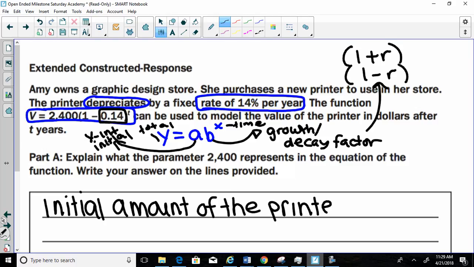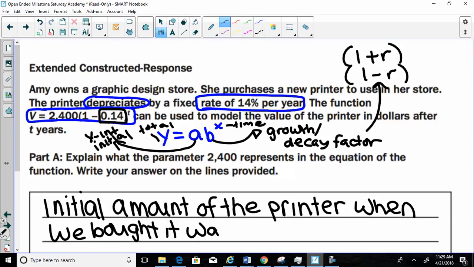The initial amount of the printer, $2,400. So that's your first answer. That's all they want. When you see the word explain, don't spend too much time on this, but just make sure you're explaining it.